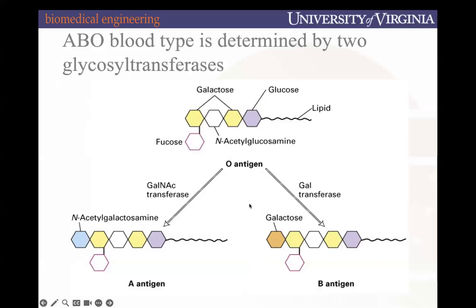If you have O blood type, you do not express a functional enzyme. You have a frameshift mutation where there is no enzyme expressed, and you have the bare glycolipid without either the galactose or the N-acetyl galactosamine in front. So you can tell that there's the same structure before this galactose here, or the N-acetyl galactosamine here.